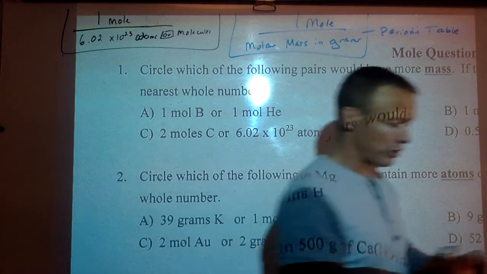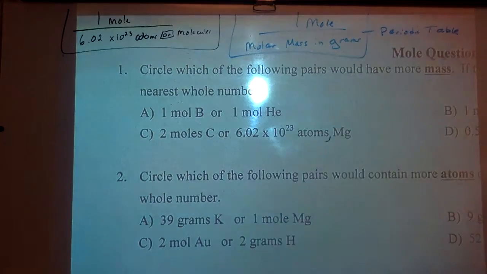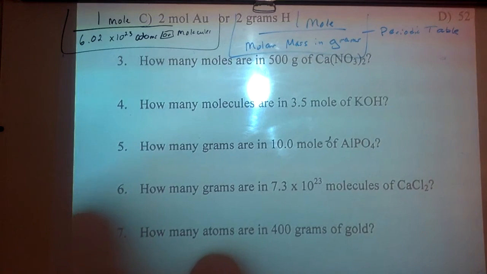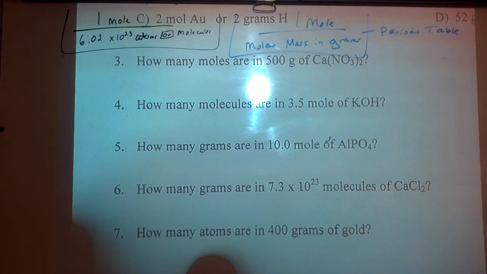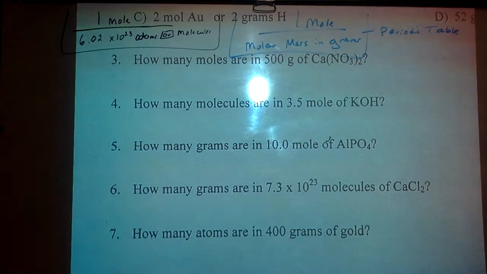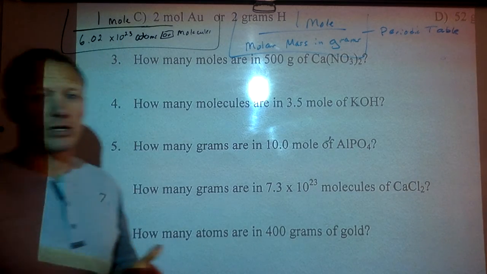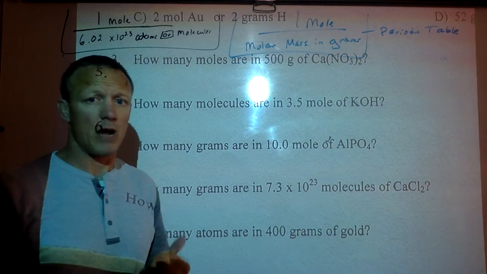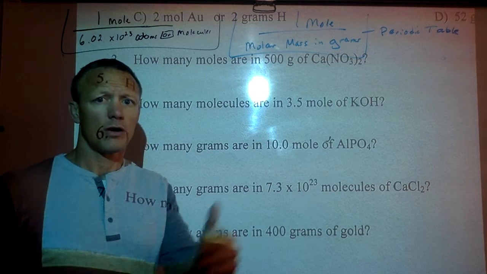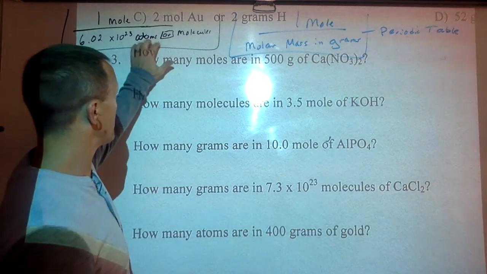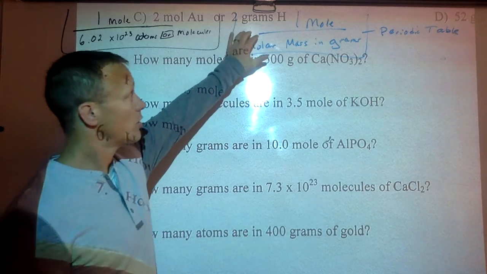Here's a couple conversions. I'll do about 3 examples of conversions. One of the things I always tell students, if a problem starts with moles or finishes with moles, it's a one-step problem, meaning I only use this conversion or this conversion.